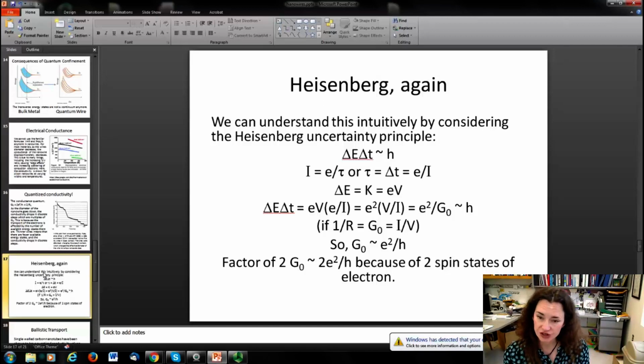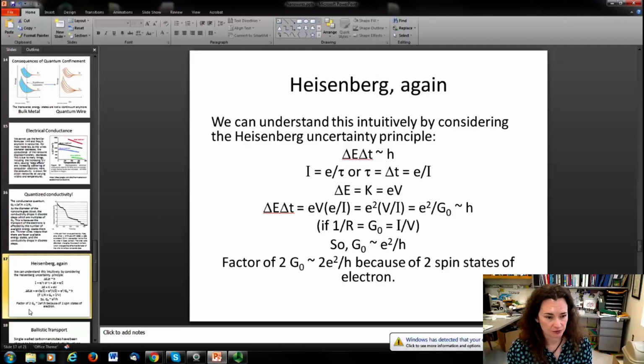If you solve for G naught, you get G naught equal to e squared over h. And then you can understand the conductance quantum as having that factor of 2 in there, 2e squared over h, because there are 2 available spin states of the electron and each one of them can move. So you can have 2 electrons in each energy level. All right, so that's my hand-waving, intuitive understanding of the conductance quantum.